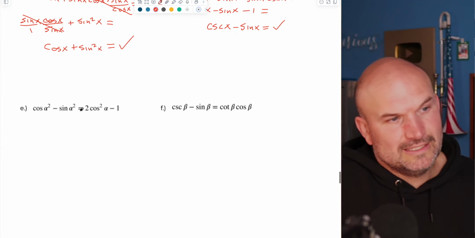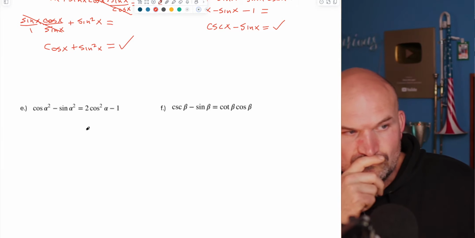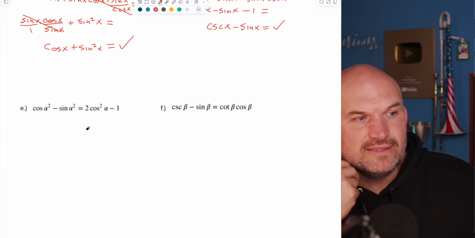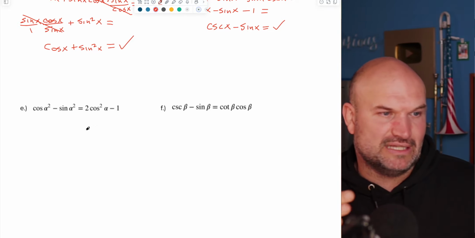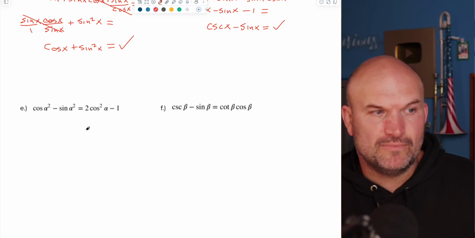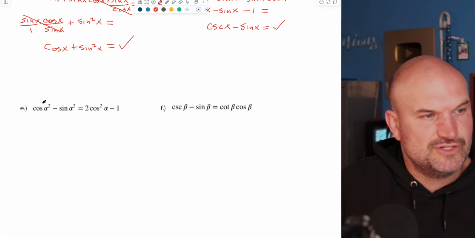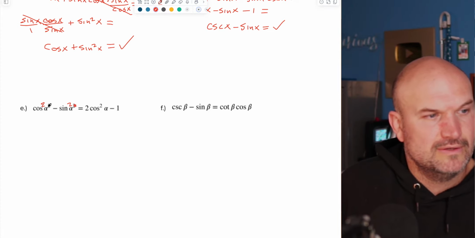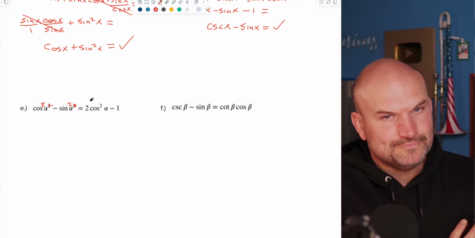All right, the next one. In this case, this next one, we don't really have any operations. We could look at the left-hand side or the right-hand side, but we see something squared, right? So we have cosine squared of alpha minus sine squared of alpha equals 2 cosine squared of alpha minus 1.